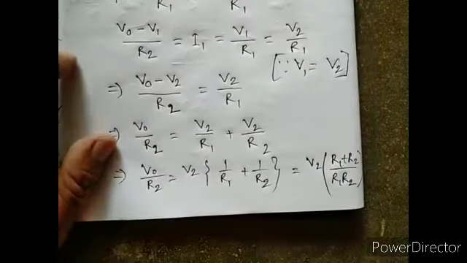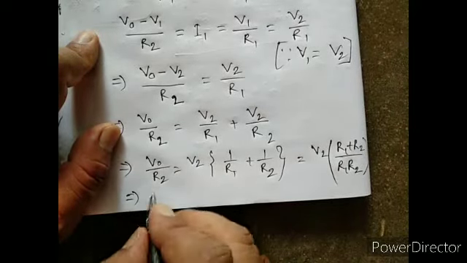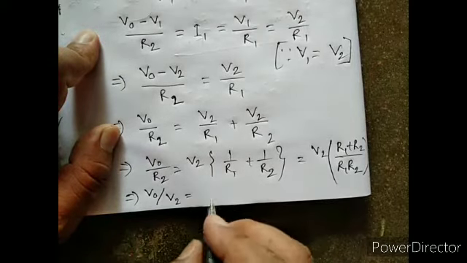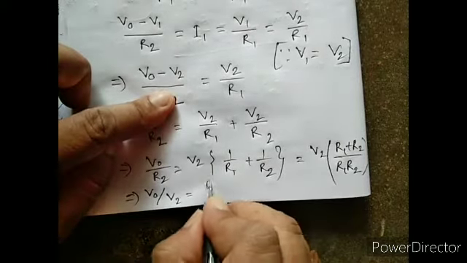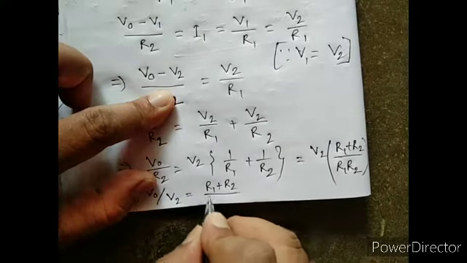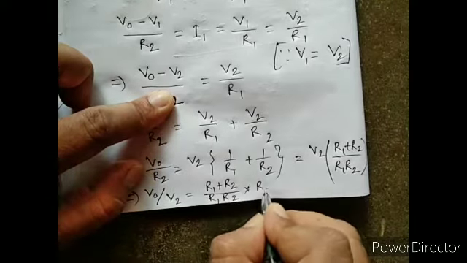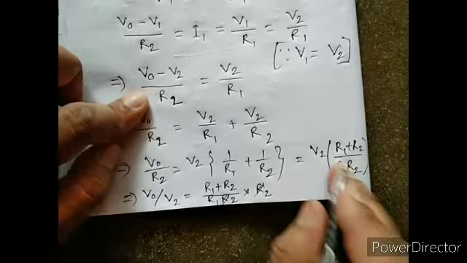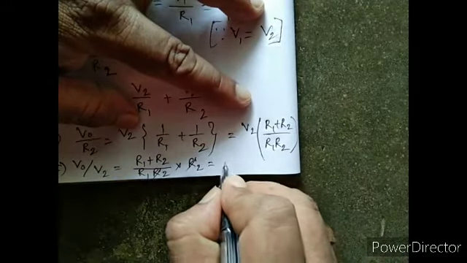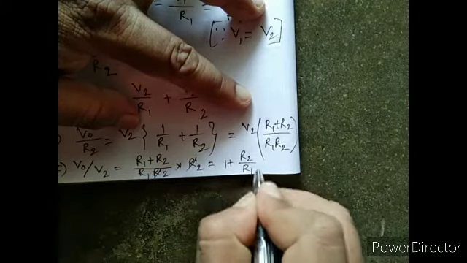Okay. From there you can write V0 by V2 equals (R1 plus R2) by R1R2 into R2, where R2 will cancel out. So, we will get 1 plus R2 by R1.